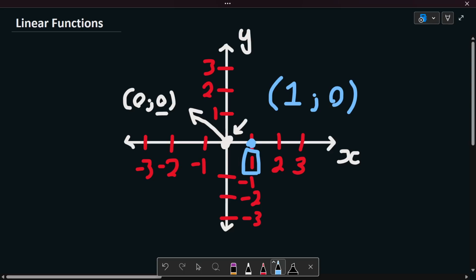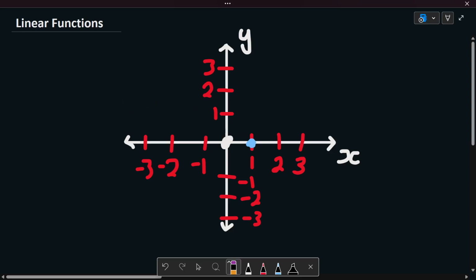What if we were to talk about any point on the y-axis? So let's not talk about 1 there. Now let's talk about a point on the y-axis. Let's say we take a random number, let's say negative 2, right? Negative 2 over here, that's the point that we're going to take. Right now we want to know what the x coordinate is, but we do know that the y coordinate is going to be negative 2 because we chose it.